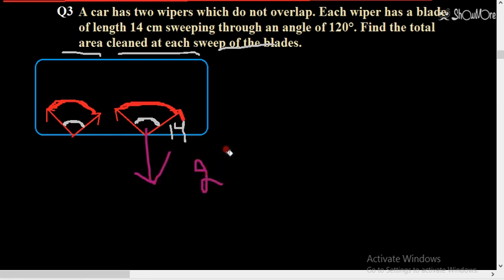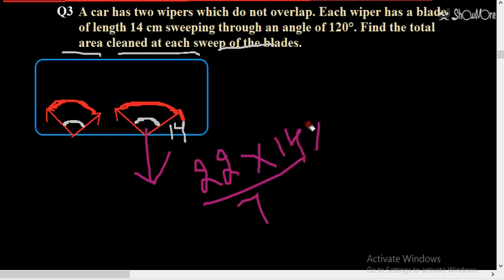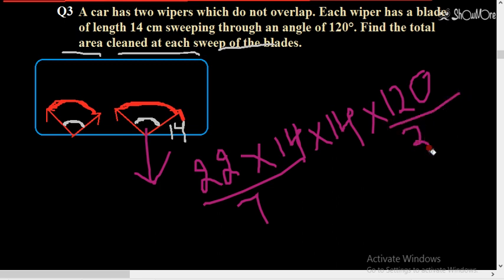pi, that is 22 by 7, pi into r square, so 14 into 14. In this case the angle theta is 120, so 120 by 360.